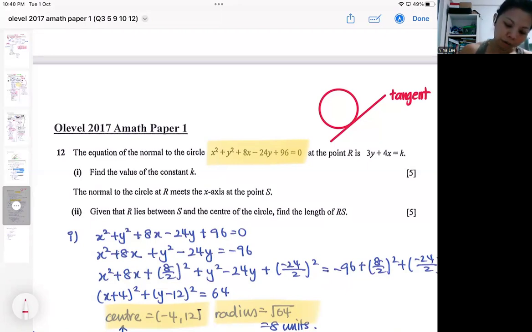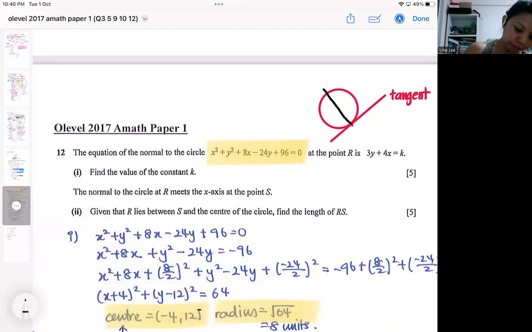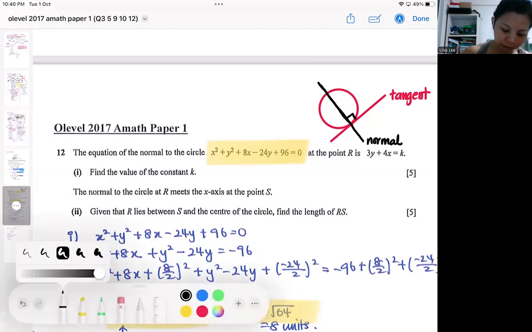So if this is the contact point, I'm going to draw the normal. Essentially it will be 90 degrees. So we all know that normal and tangent are perpendicular. If I do this on a circle, it actually implies that the center is here.